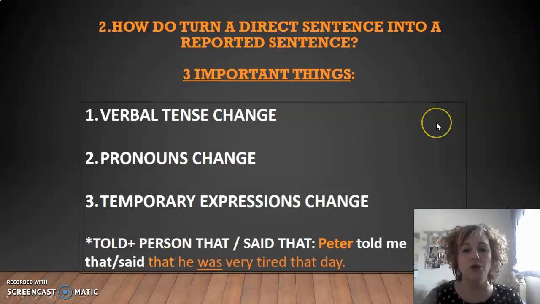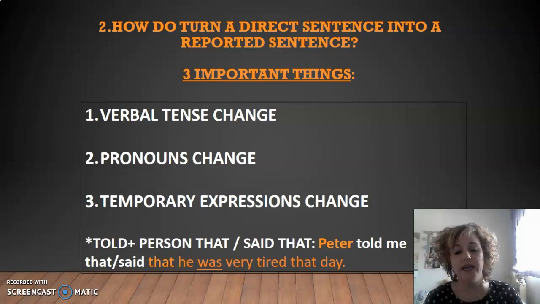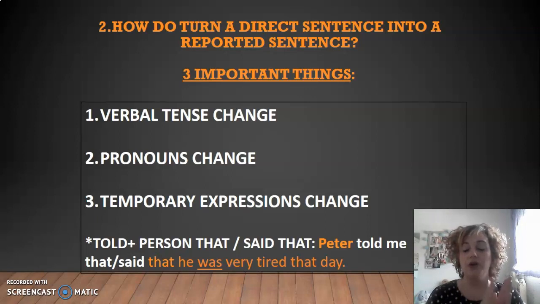So something that I want you to keep in mind is that when we use a reported sentence, we can use said or told plus the person, okay?